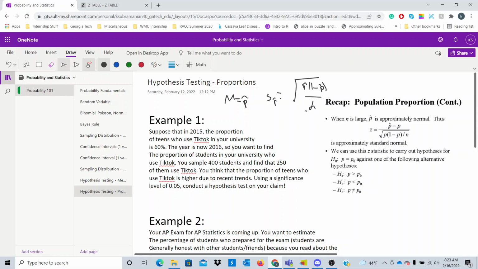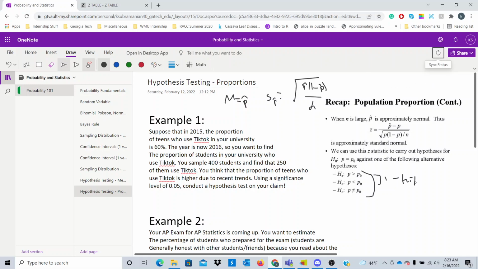We're going to be continuing our discussion of hypothesis testing, and these are the three types of hypothesis tests we need to know. The first two, where the alternative hypothesis is that the proportion is greater than p naught or less than p naught, where p naught is the null hypothesis proportion, are going to be one-tailed scenarios.